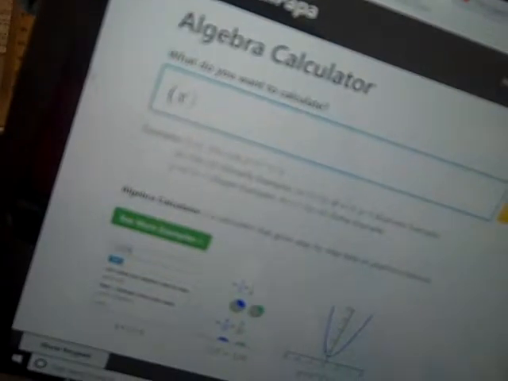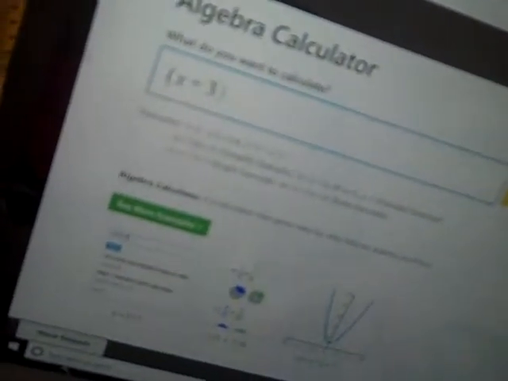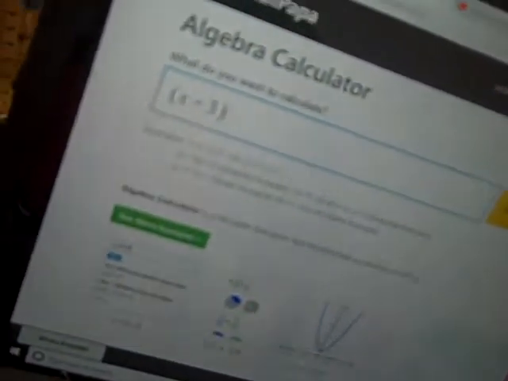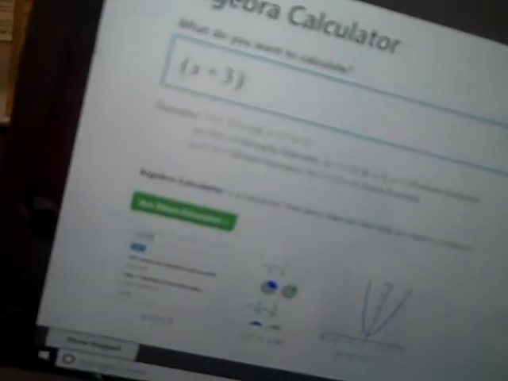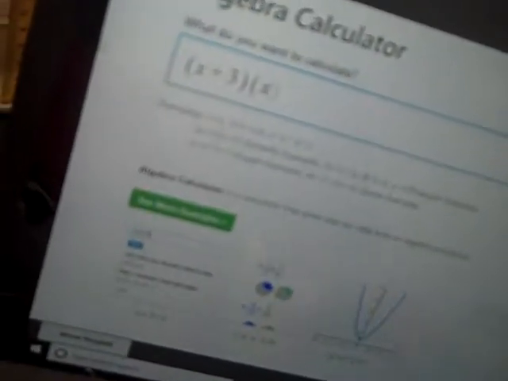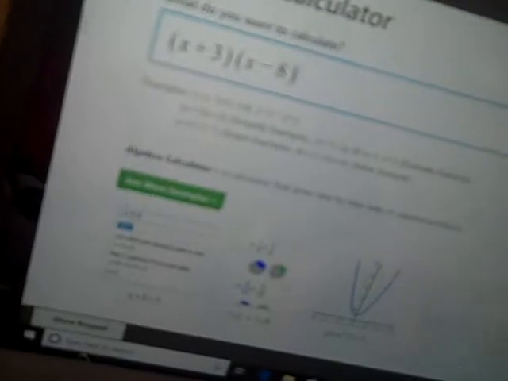Okay, now good thing I've got the factor x plus 3, otherwise I'd have to FOIL both sides. That'd be miserable. To the factor x minus 8 plus, especially this one, you'd have to distribute the negative 1 in here and then FOIL it. Yeah, no thanks.